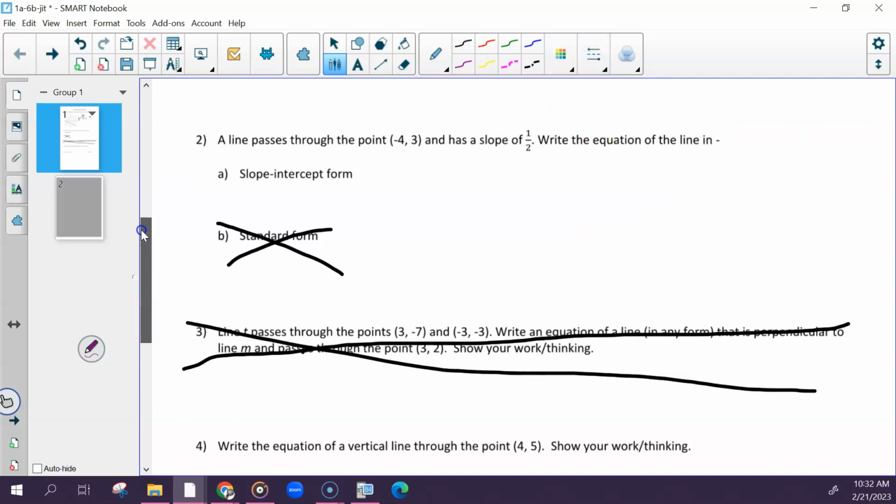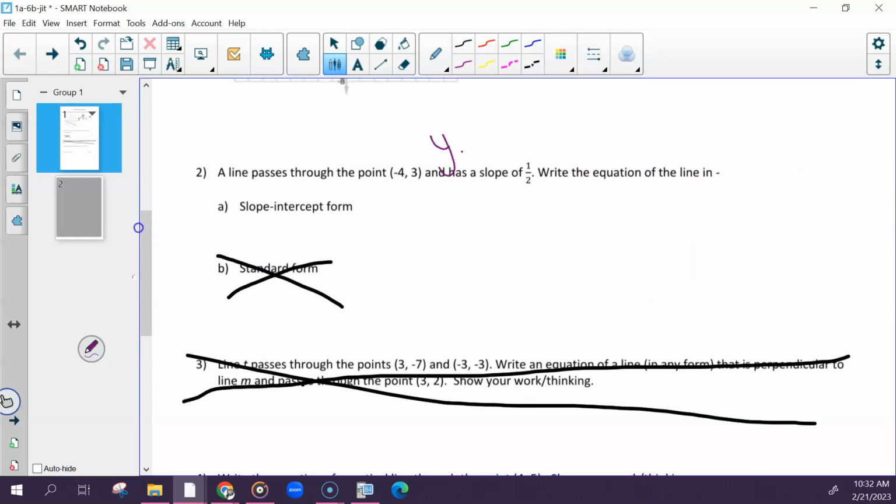So we talked about this before, that you have to use your point slope formula, because you have a point, you have a slope. So you would write this as y minus 3 equals our slope of 1/2 times x minus negative 4.